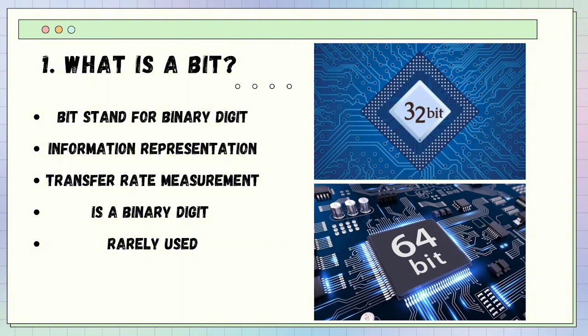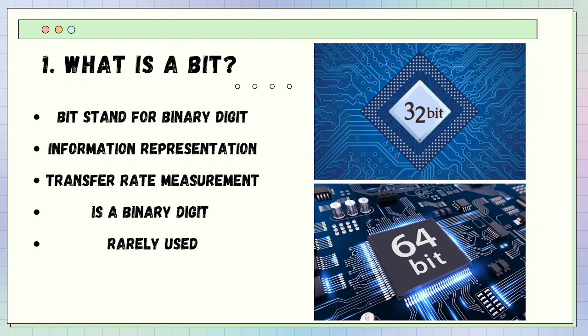The first is what is a bit. Bit, short for binary digit, is the smallest unit used to present information in a computer. It is used to measure the transmission rate of information over the network.